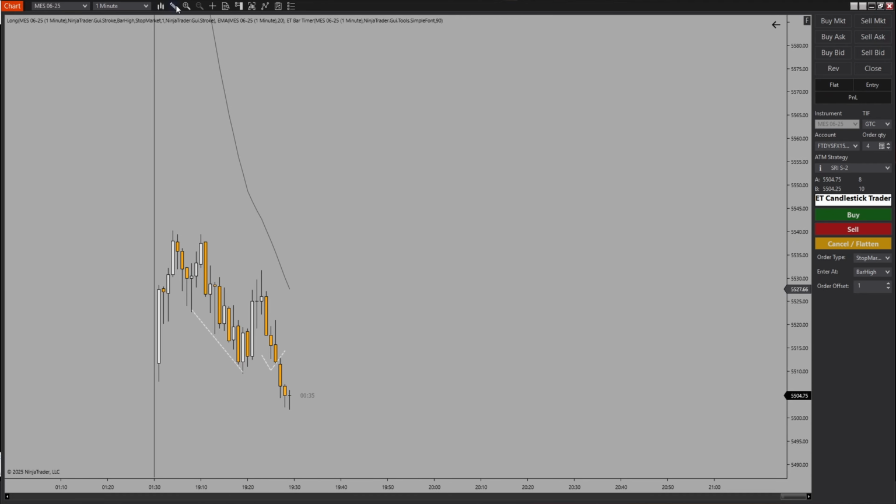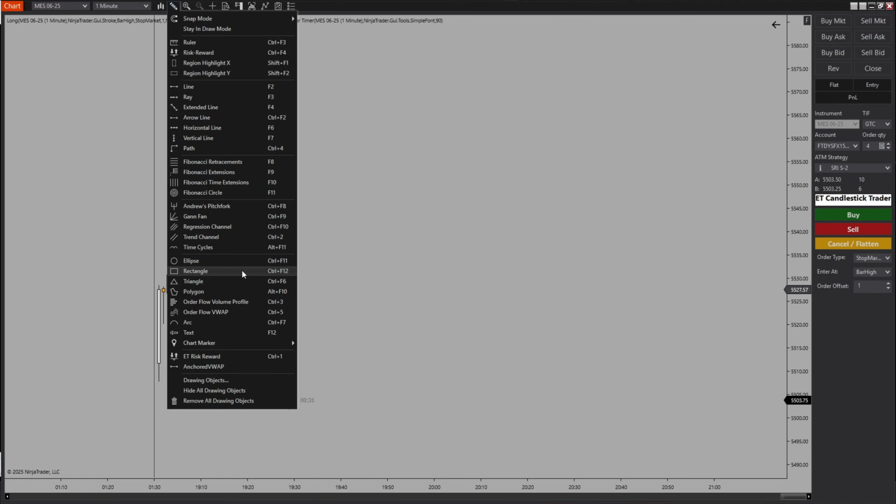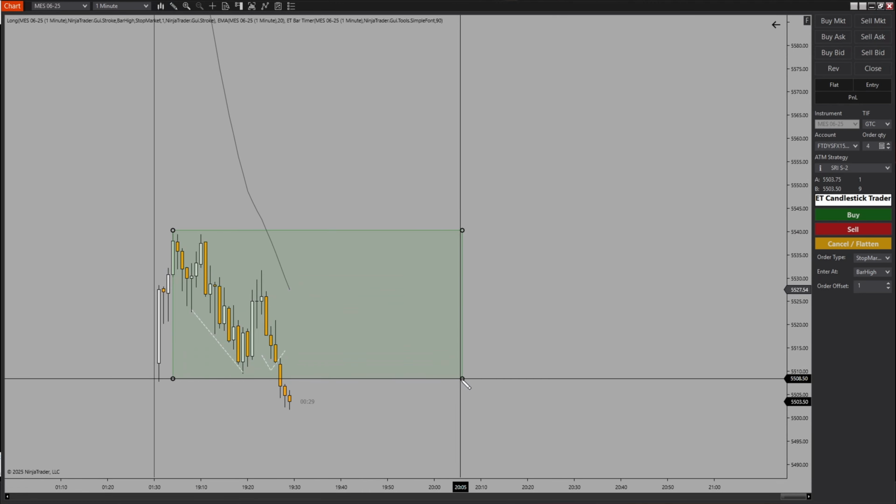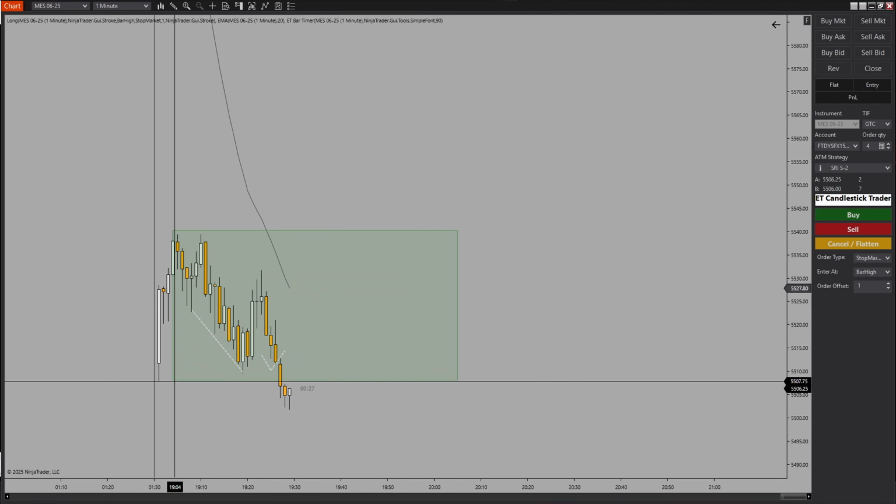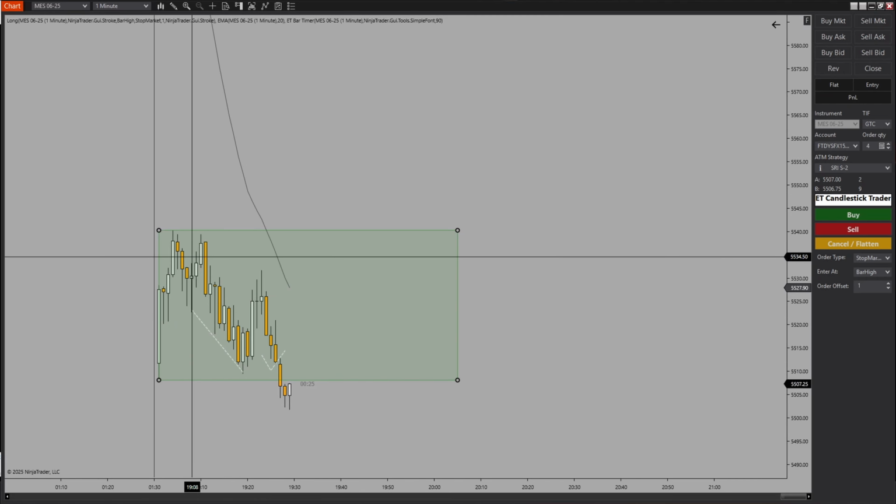What do I mean by top third range? If I mark a box here, suppose this is the trading range. This is our trading range.